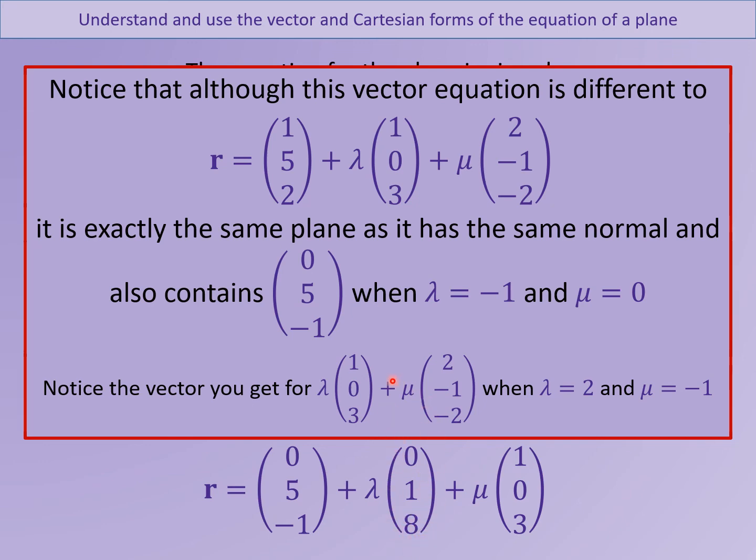So you could use your lambda and your mu values just on this section of it to see whether you can get some of these values. There should be a lot of consistencies between them. That means you can change your lambda and mu and get the same answer as either the back of the book or what some of your colleagues have found.